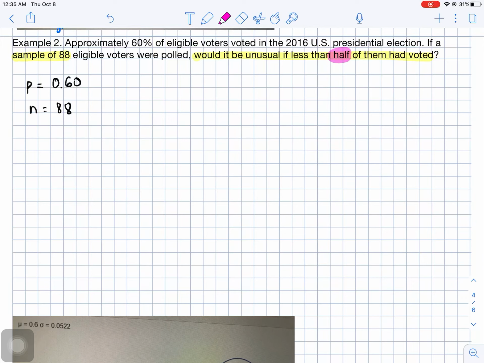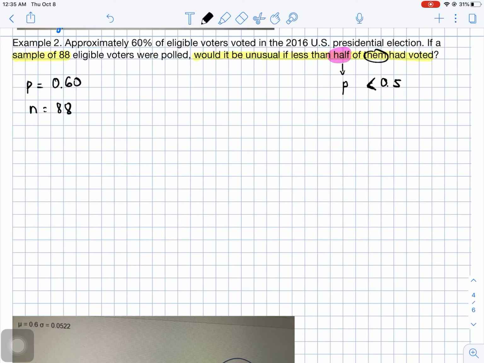In the question, it seems like you don't find any number, but there is a number in the sentence. That number is half. Half means 1/2. It means 0.5. So when you see the word half, it's talking about the proportion.